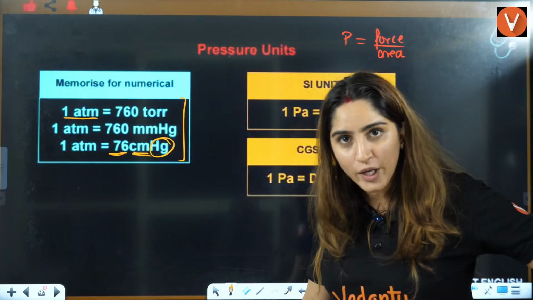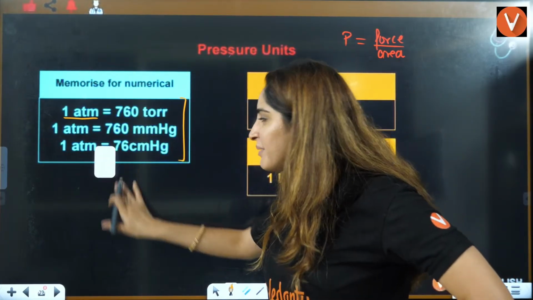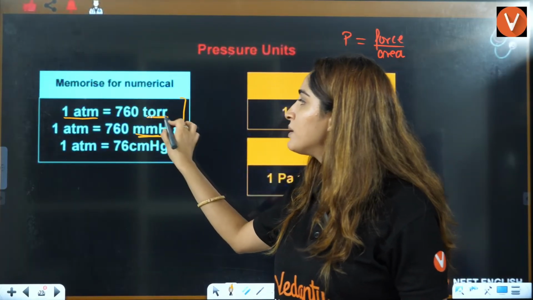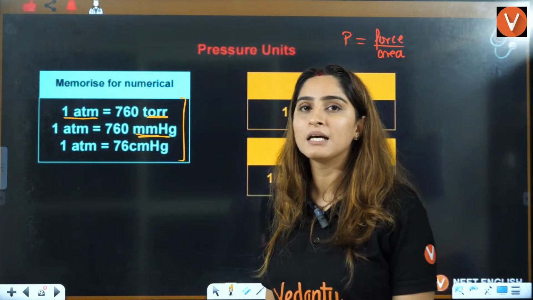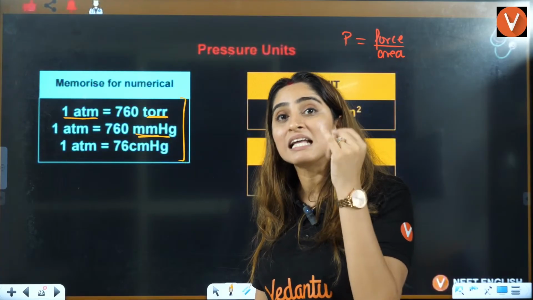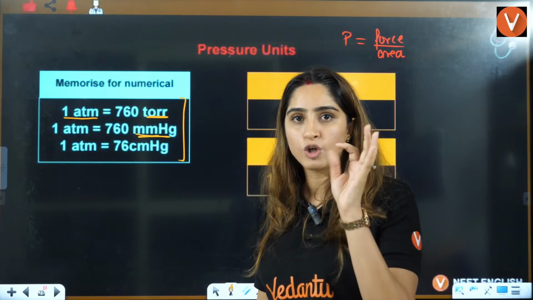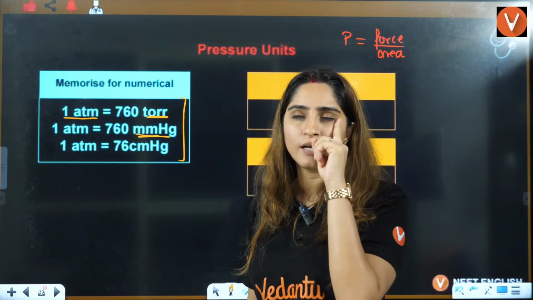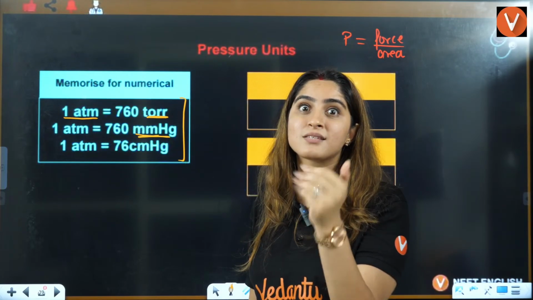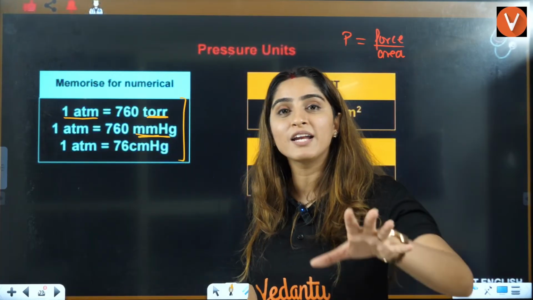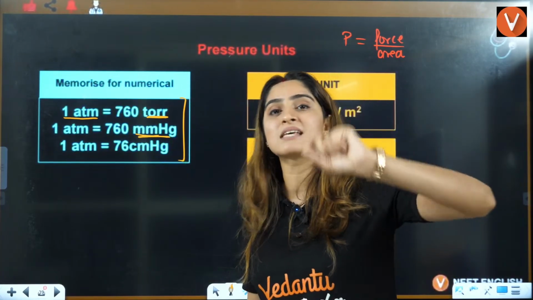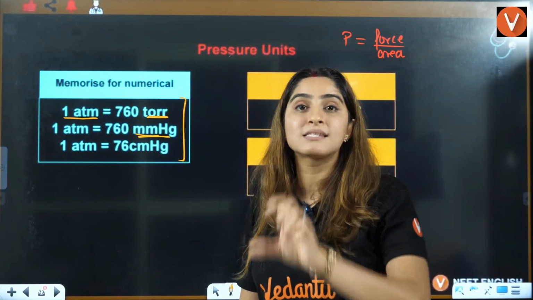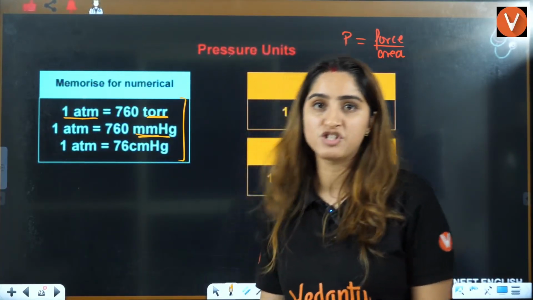Centimeter you will see very rarely; mm of Hg and torr you will see the most. Sorry, I'm saying 760, I have to say, so sorry.